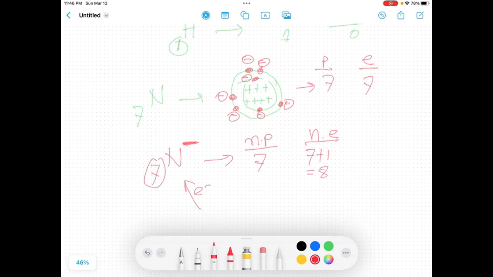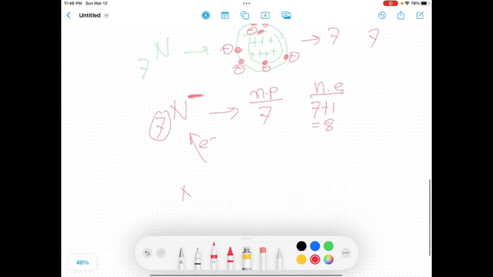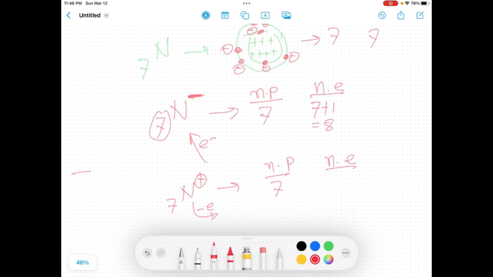Same case, if we write N plus 7, that means number of proton will be 7, but number of electron will be how much? Since this is showing positive, that means one electron is removed here. So just a basic thing. Suppose you have nucleus 1 2 3 4 5 6 7, and electrons 1 negative, 2 3 4 5 6 7.